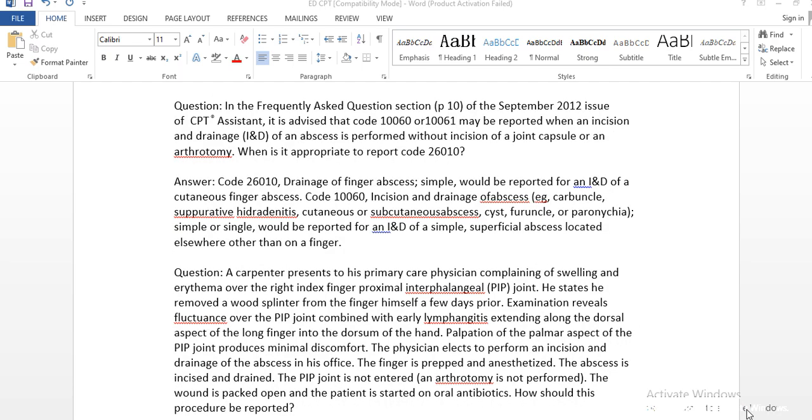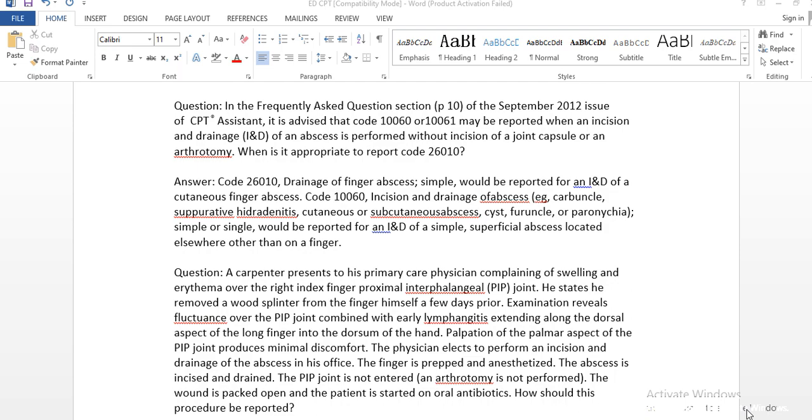Here the question is when do we report 26010, which is a finger abscess drainage. So the answer is code 26010, drainage of finger abscess, simple, would be reported for an I&D of a cutaneous finger abscess. Cutaneous means it is on the skin level. Code 10060, incision and drainage of abscess, simple or single, would be reported for an I&D of a simple superficial abscess located elsewhere other than in a finger.